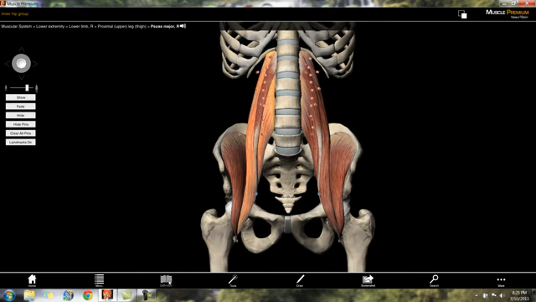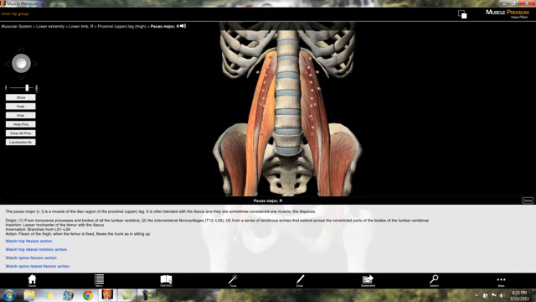And the psoas major has a big origin along the transverse processes and bodies of all the lumbar vertebrae, including the discs. There's even, not shown on this picture, some fascicular attachments to the diaphragm, which we'll talk about down the road, how the psoas can actually be an accessory breathing muscle.